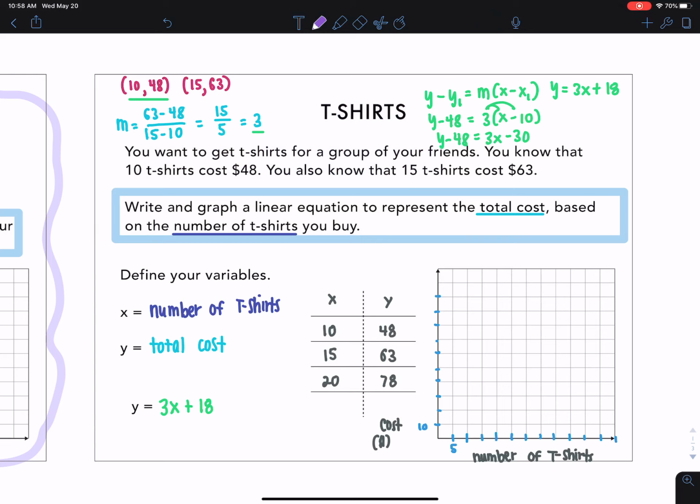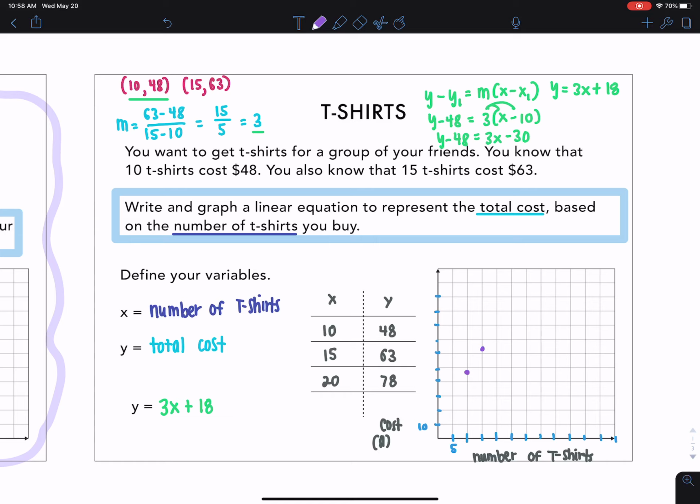So we have a point at (10, 48), which would be right about there. And a point at (15, 63), which would be about there.